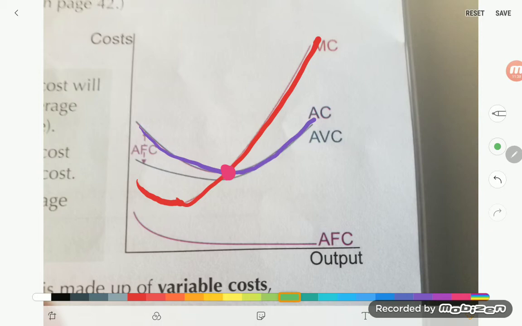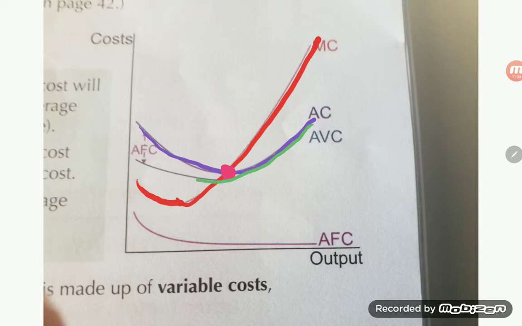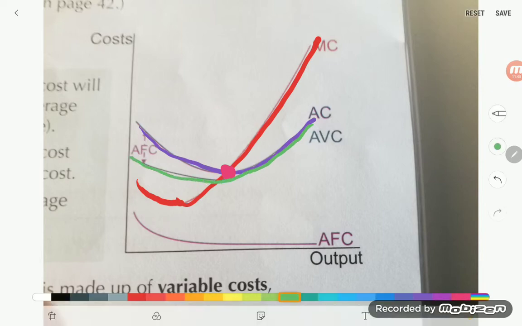The MC curve also meets the AVC curve, so there's our AVC curve here, at the lowest possible point. So the MC curve meets the AVC curve at the minimum AVC.